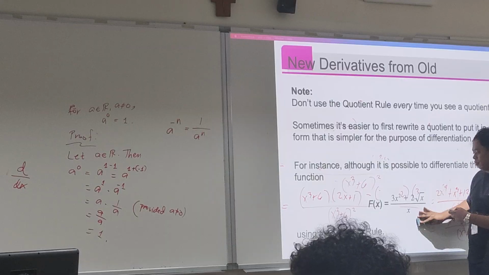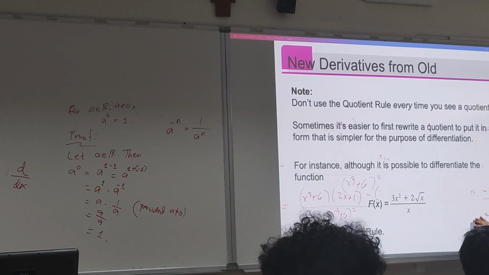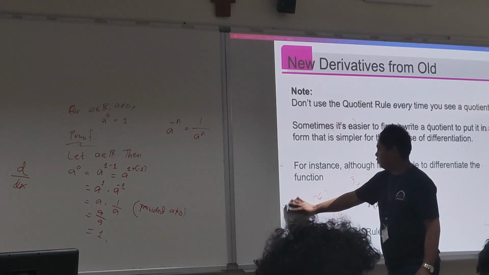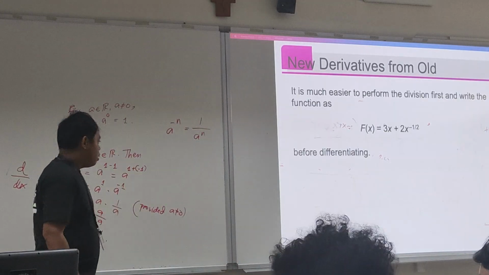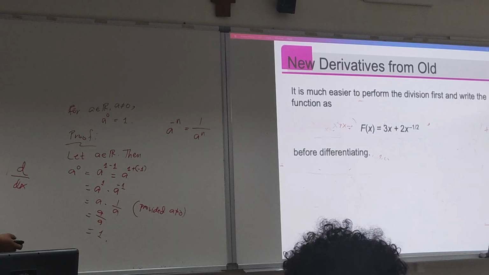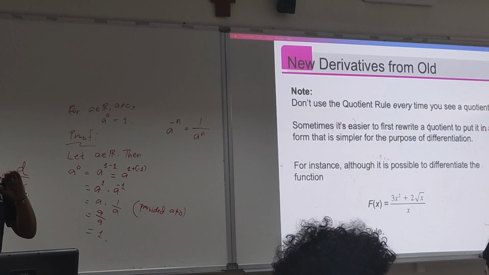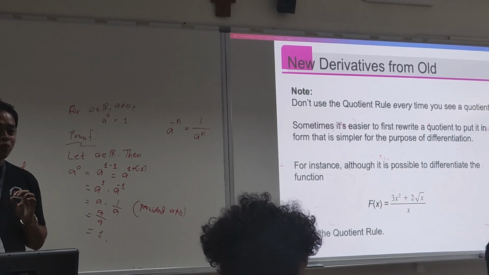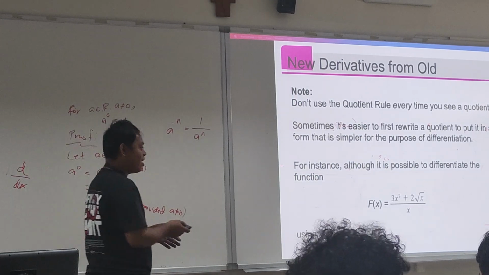If you use the quotient rule, of course, that works as long as you remember it. But you can also simplify this. From a single fraction, we can bring it down into two fractions with the same denominator, and then simplify it.